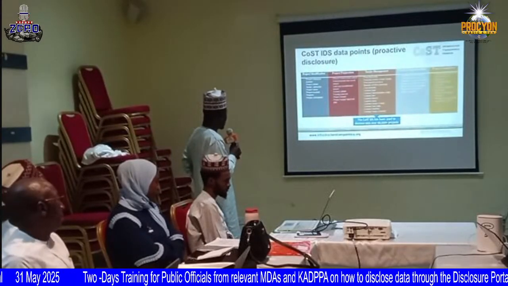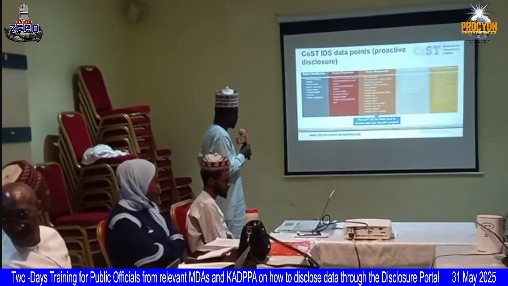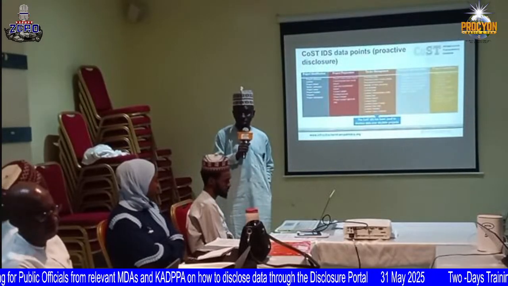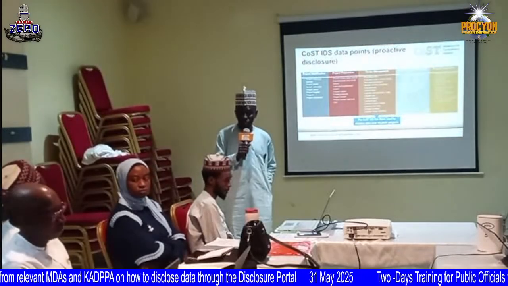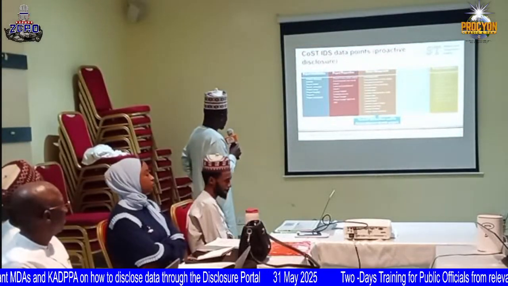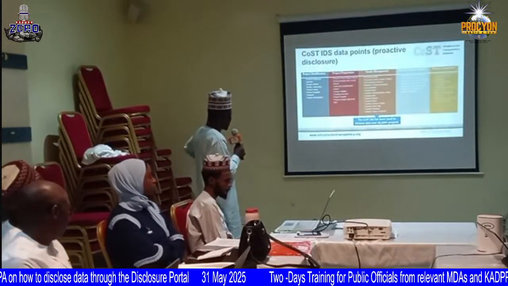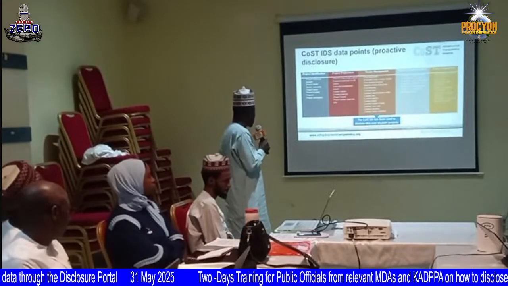Under tender management, we will have the name of the procuring entity, the contract detail, and the procurement process. What's the procurement process? Is it selective, single source, direct procurement? Contract type, contract administration, entity, contract title, all the way to contract status.